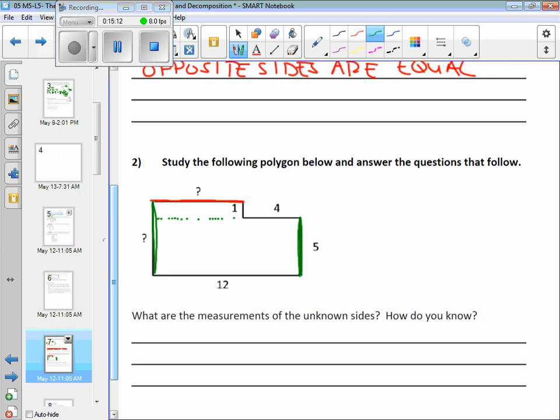That's not my whole piece though. From here to here is 1. So this is 1 plus 5. My vertical lines have to add up to my whole vertical line. So if this piece is 1 and this is 5, that makes this 6. Okay? And my reasoning, all vertical lines have to add up to the entire vertical line.